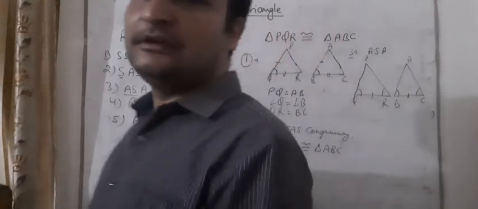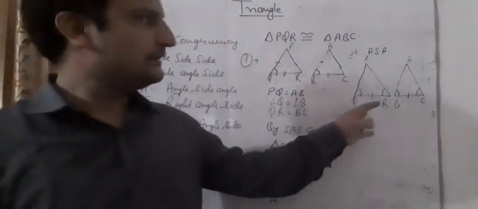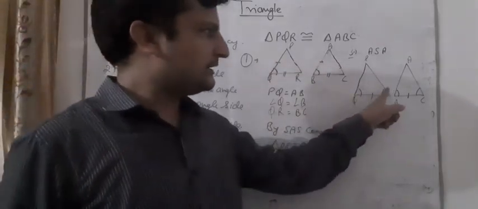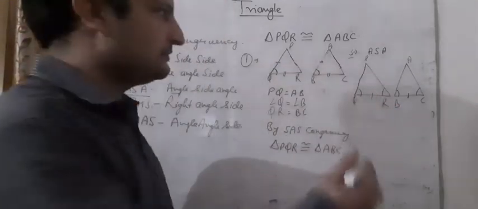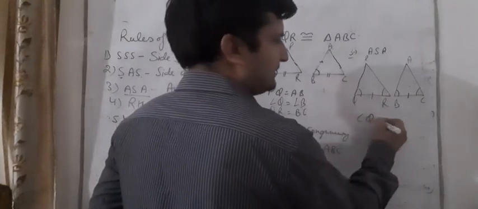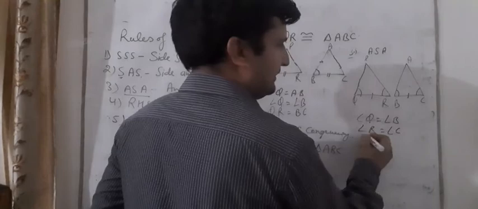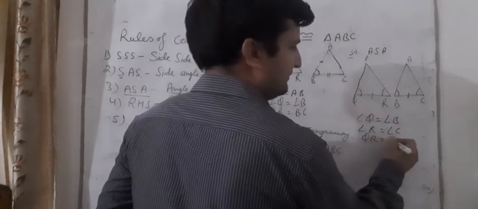It is given. So we can say that this fulfills angle side angle, meaning two angles and the side between them. So angle Q is equal to angle B, angle R is equal to angle C, and QR is equal to BC.